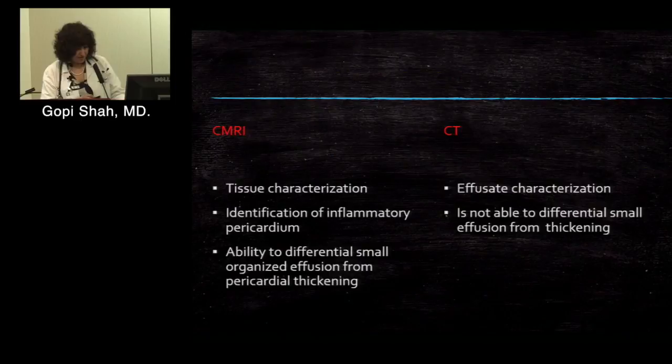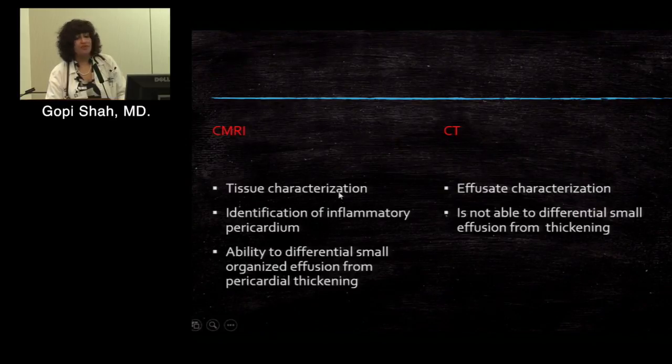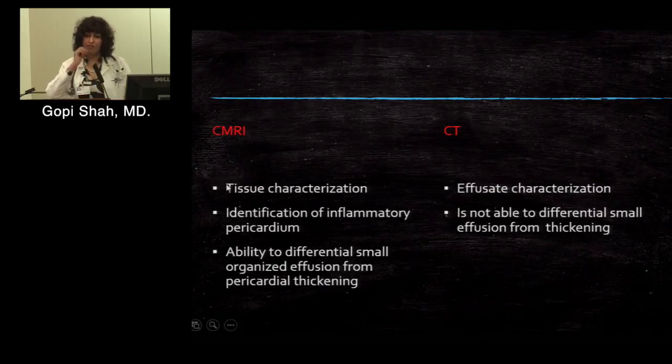These are some of the issues where MRI and CT have an advantage. Calcification, and the extent of calcification, is very well seen on CT. But MRI is very important, especially late gadolinium enhancement, for identification of inflammation of the pericardium. Now you have patients with symptoms.